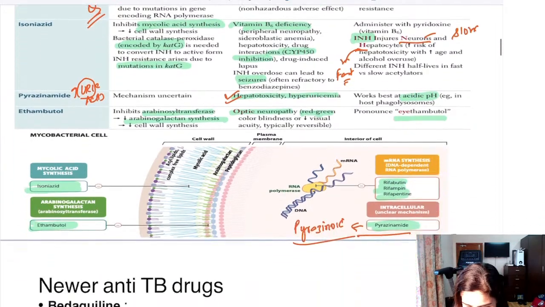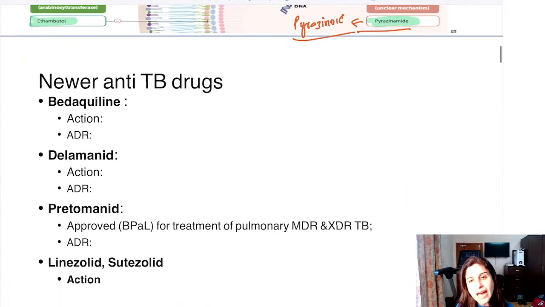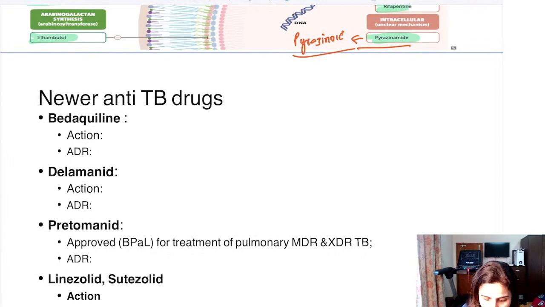ठीक है. Now let's get on to the few newer anti-TB drugs. ठीक है. So few newer anti-TB drugs के बारे में, the first one is bedaquiline, और इसके बारे में you should know how it works. So how it works, it inhibits the mycobacterial ATP synthase. ठीक है.